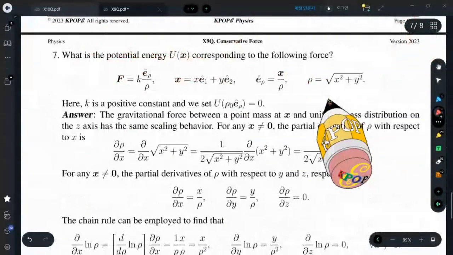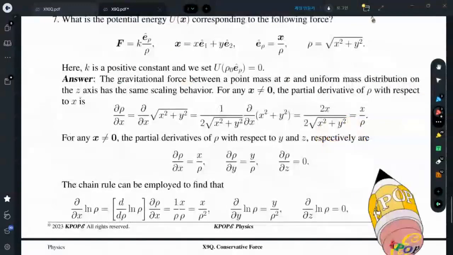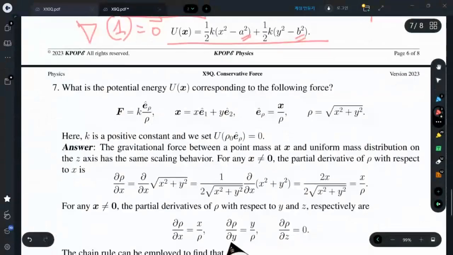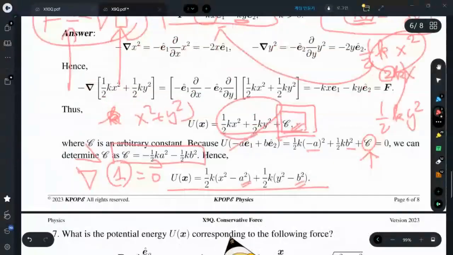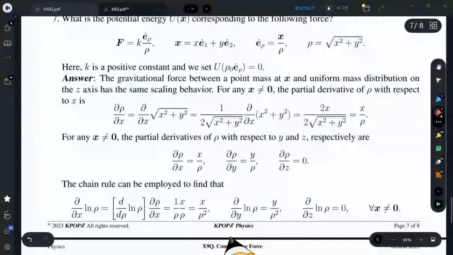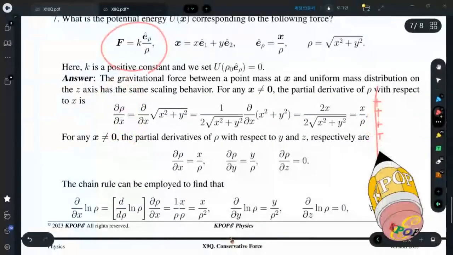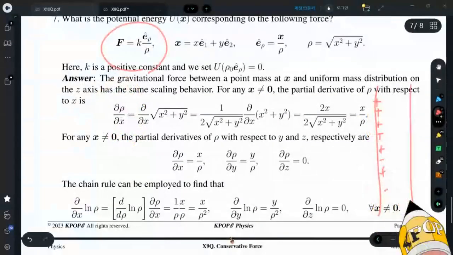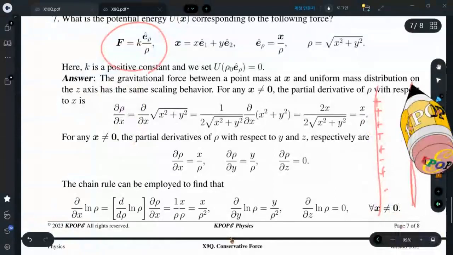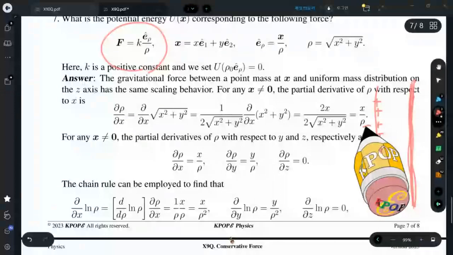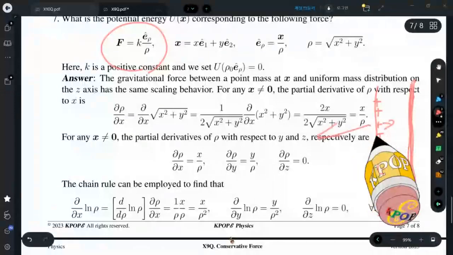Example 7, another application. I think there is no big problem in solving this. This one is for electric charge or mass, a uniform mass distribution that generates the electric field or gravitational field.